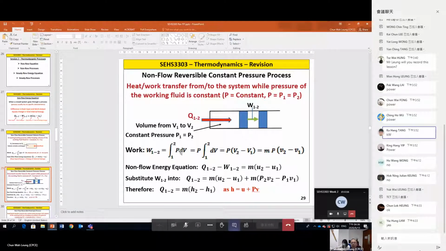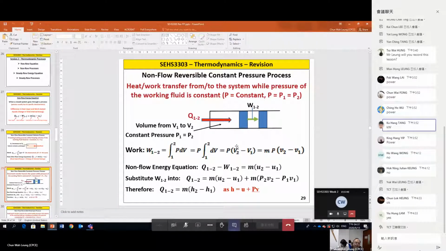This time, the pressure is a constant. Therefore, we can solve this integral by taking the P outside the integral. It is constant, so you can take it outside. So it becomes P times the integral of dV from 1 to 2.